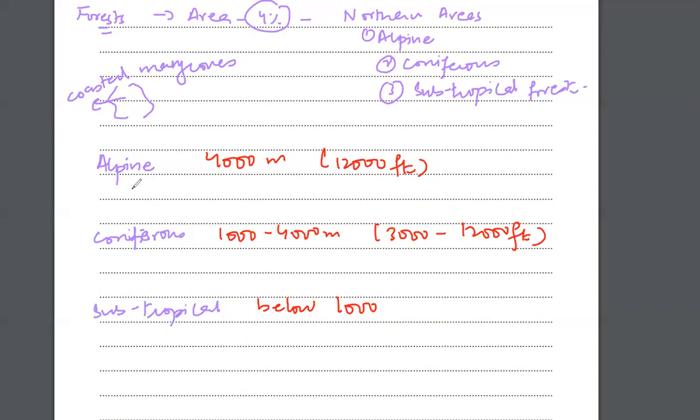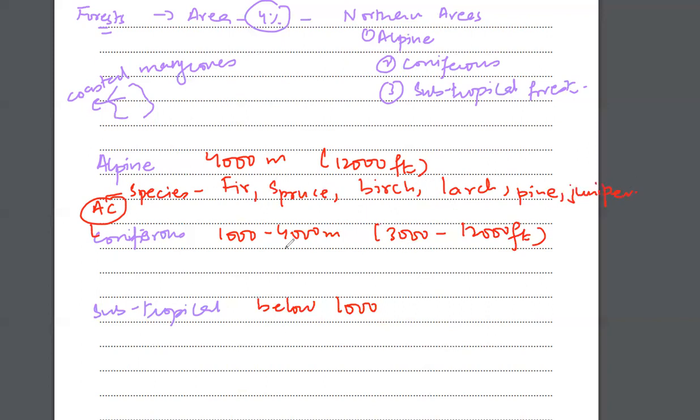Then about the species of trees, these two have the same, so I am writing AC over here. It means that these two, alpine and coniferous, have the same species: fir, spruce, birch, larch, pine, and juniper.